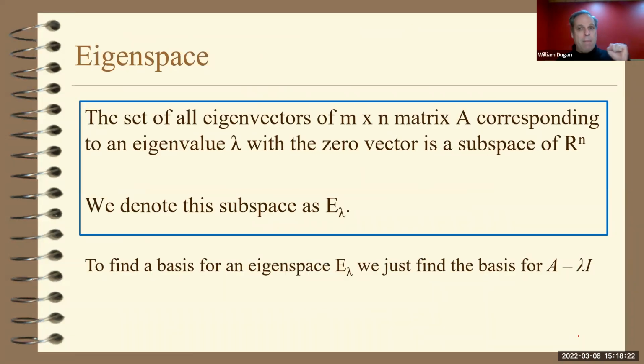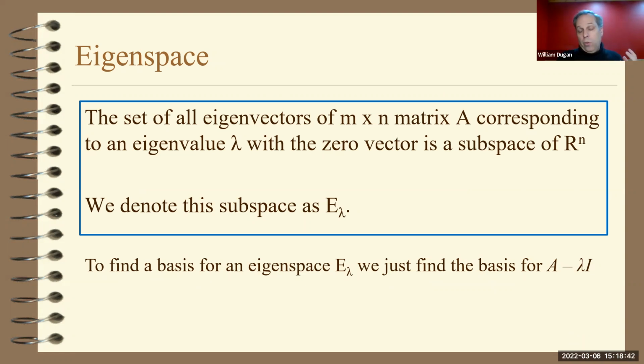Now, that brings up something else. The solution set, all the possible eigenvectors for an eigenvalue, corresponds to all the vectors in a null space. But we know from a previous lecture that null spaces are subspaces of Rn.